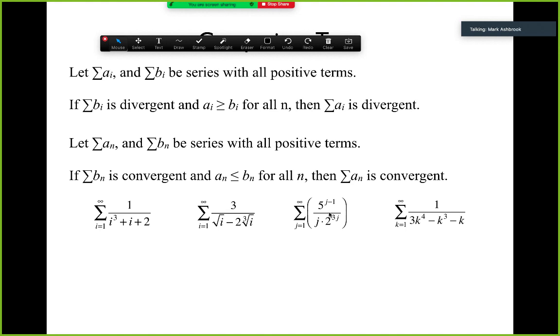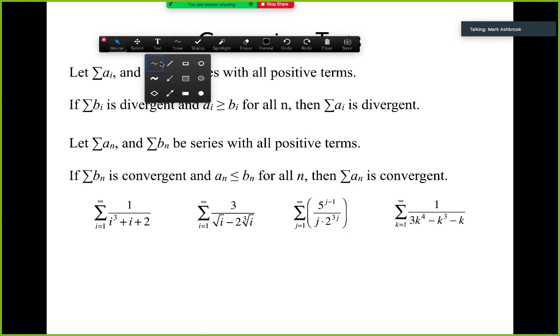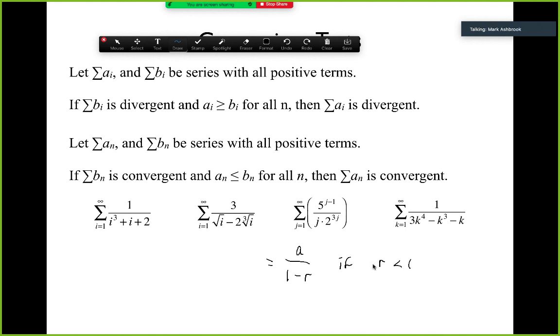But anyway, go ahead. Oh, okay, that explains it. Yeah. Because we noticed that r was 5/8. That means that the series converges to a over 1 minus r, if it's a pure geometric series, if r is between 1 and -1. That was our geometric series conclusion. Thank you. Okay.